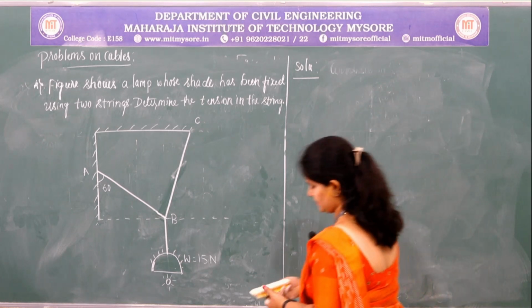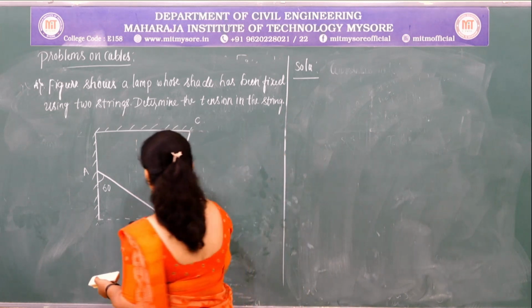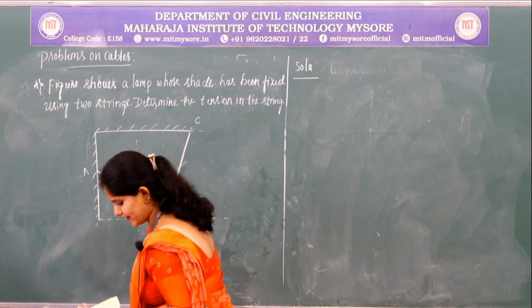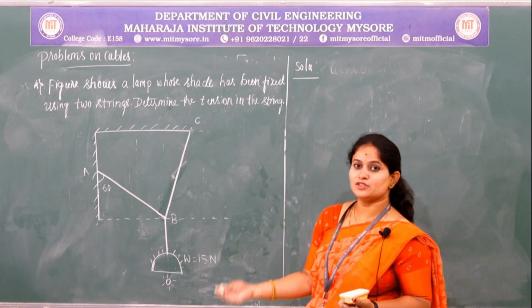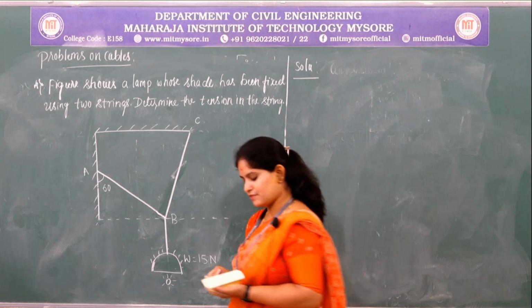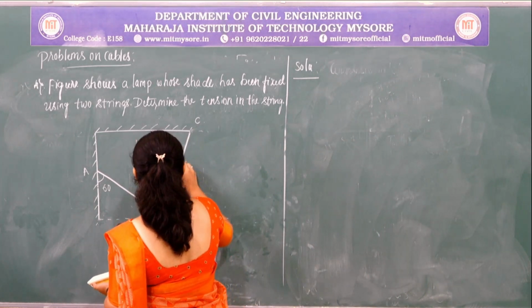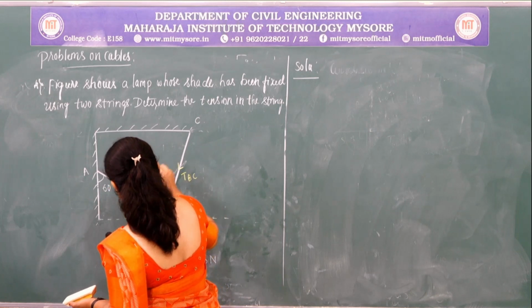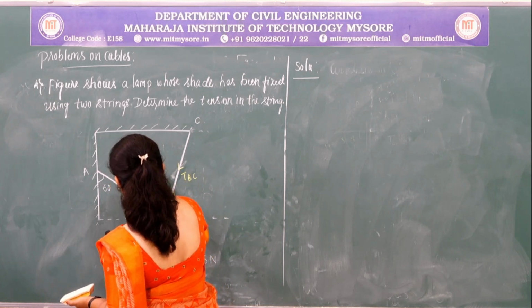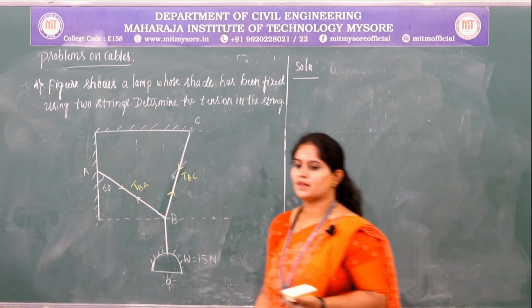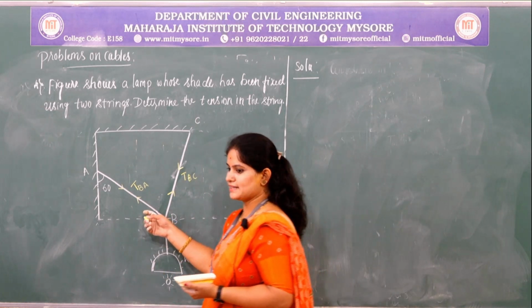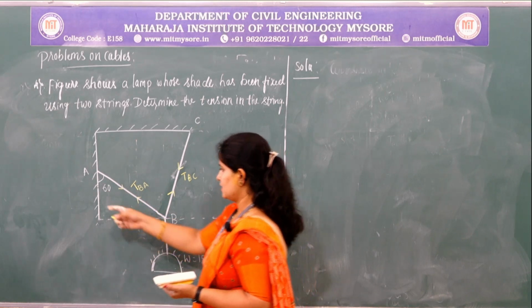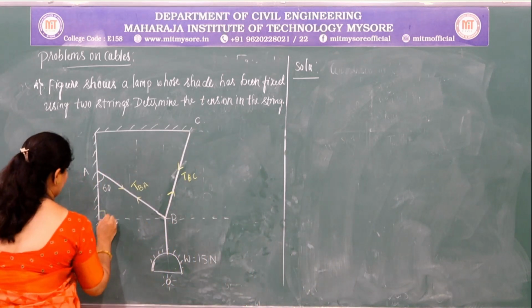So for that, we have two strings, that is BA and BC, and always we know that the cables or the strings are going to develop a tensile force. So let us name this as TBC and this is TBA. In order to find out this inclination angle, first we shall consider here it is 90 degree.